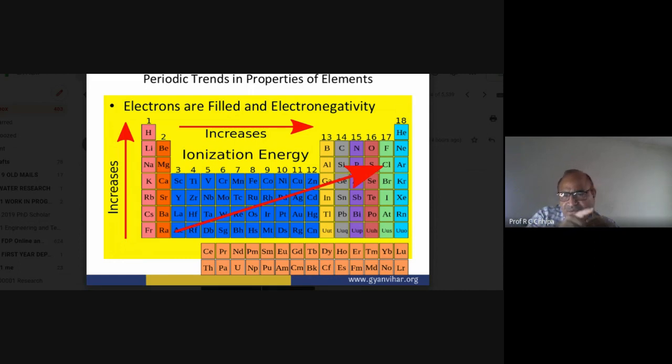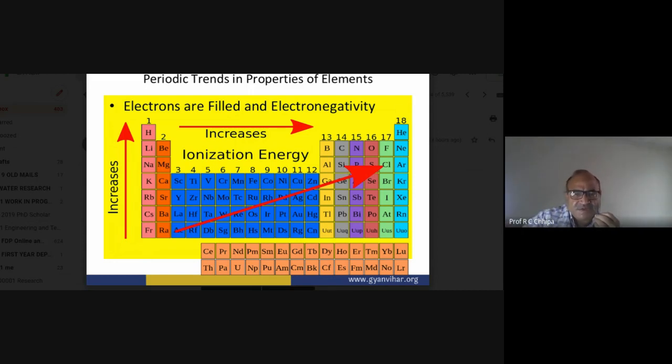When we see the whole periodic table from bottom to top, the electronegativity increases. And from left to right, it also increases.